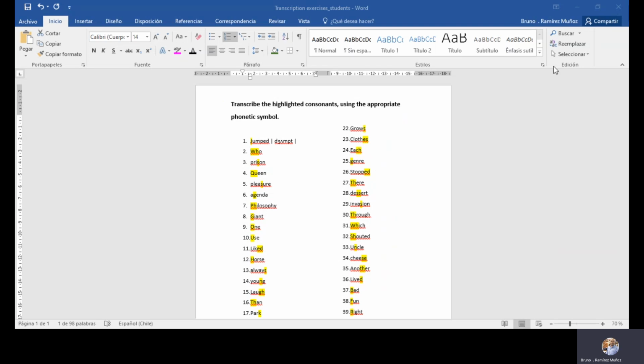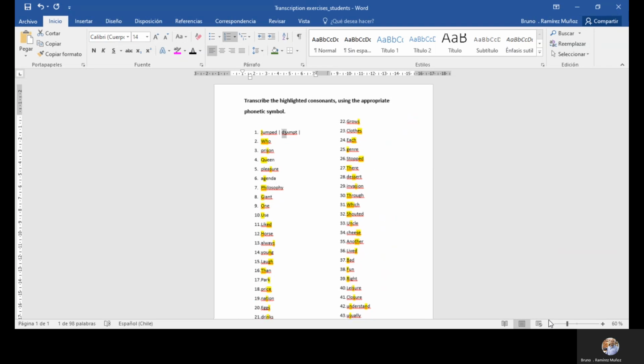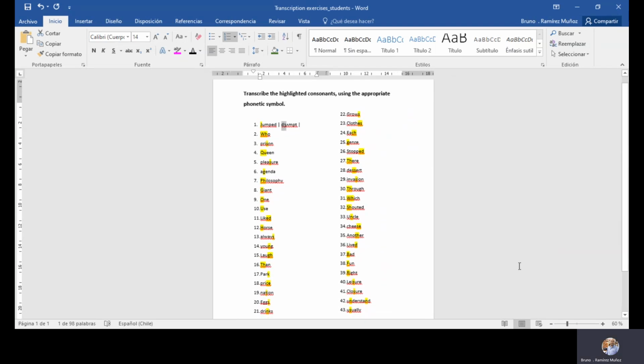The idea would be that you pause the video so you can work with the transcription of the consonant sounds, and then you can check out the answers. If you're going to work with this exercise, please pause the video now.